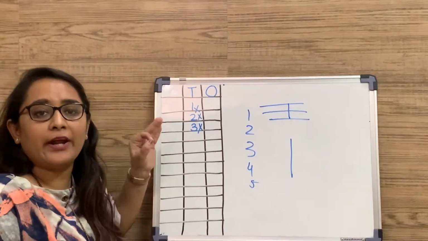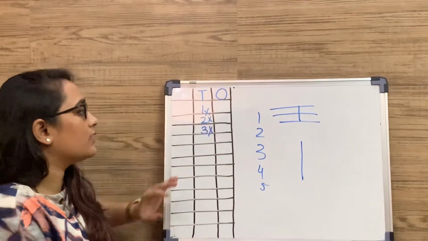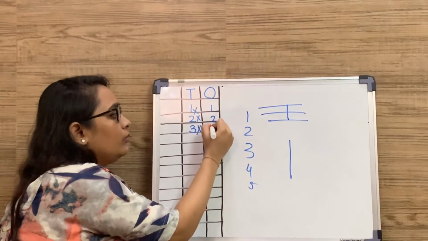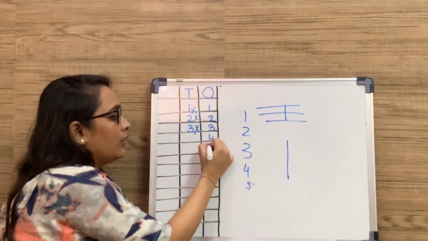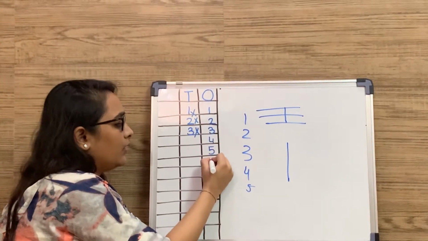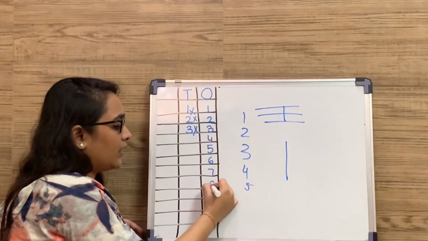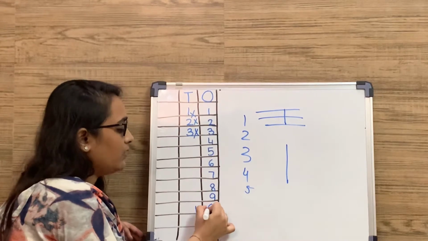Always, whenever you are writing a single digit number, explain to them that they need to write in the ones place. 1 2 3 4 5 6 7 8 9, then 1 0, 10.